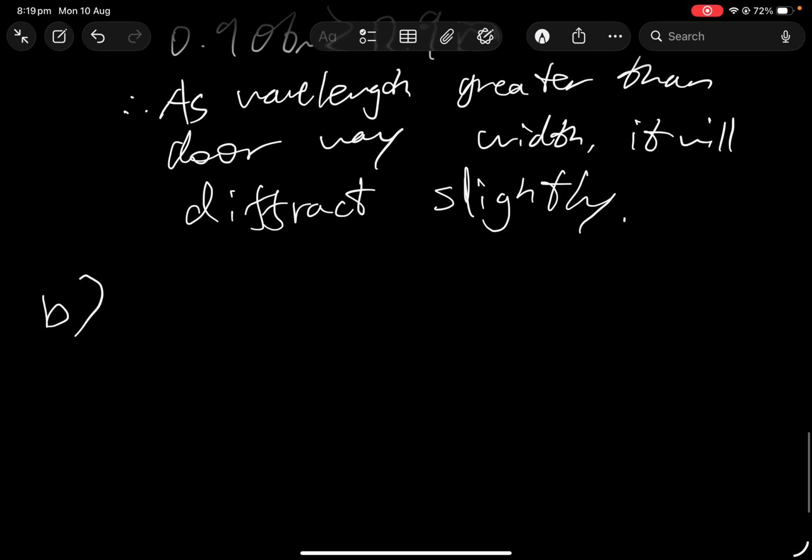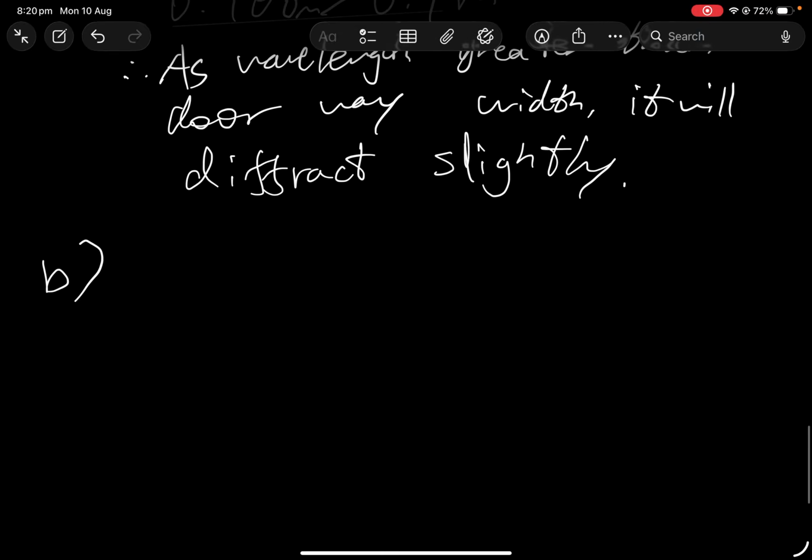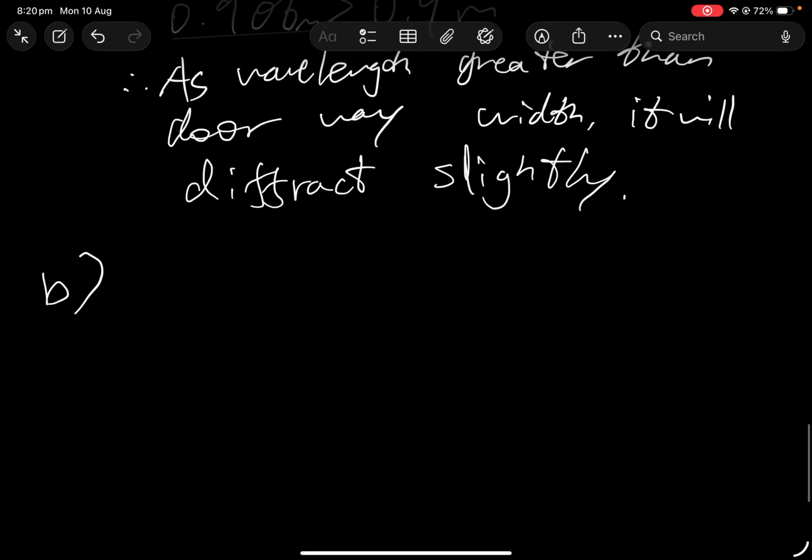Part B, explain using physical principles and relevant equations what happens to the wave velocity, frequency, and wavelength as it crosses the boundary into the cooler hallway. So basically, when I explain each by each, frequency is easy to explain, so it's the same.